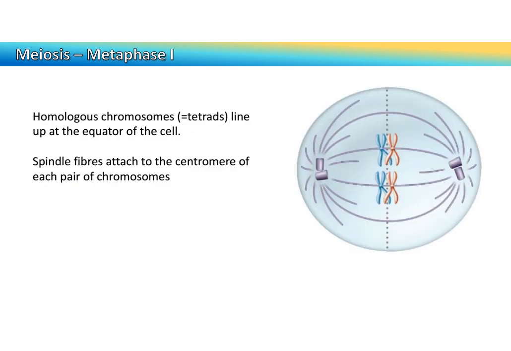Once everything's ready in prophase 1, the homologous chromosome pairs line up at the equator of the cell. As you can see, the equator of the cell has changed between meiosis and mitosis. The equator was here. So for meiosis, the equator has rotated 90 degrees.